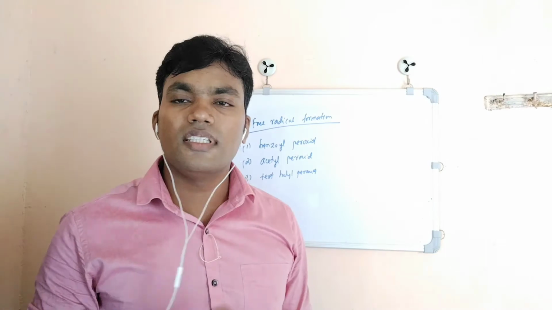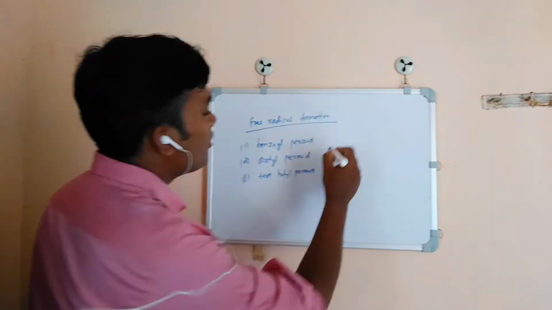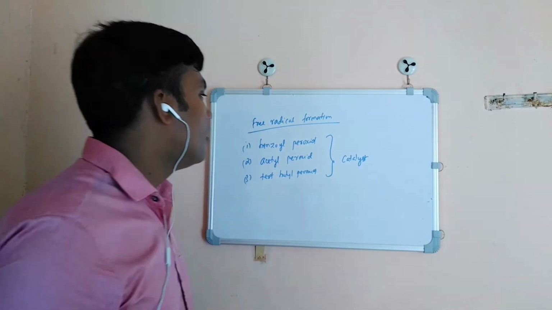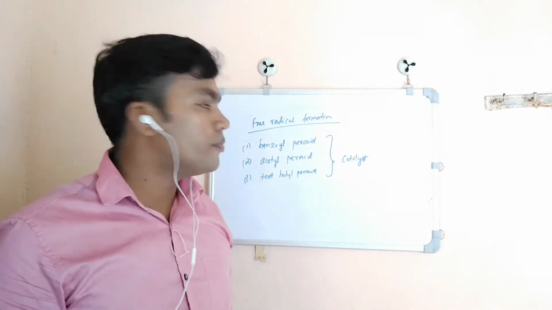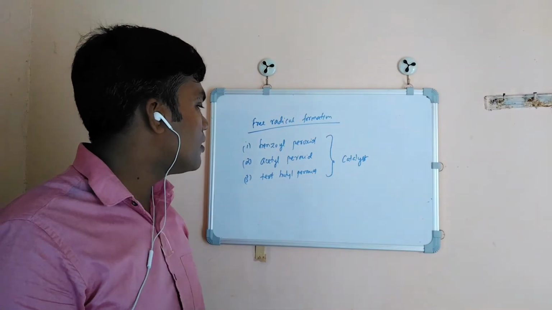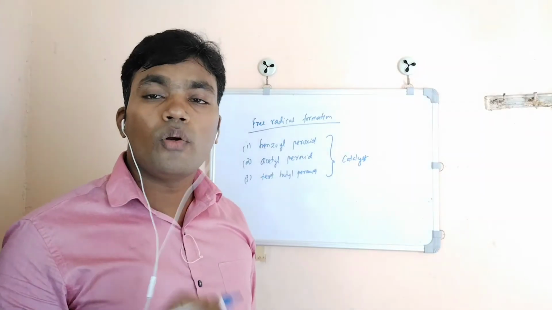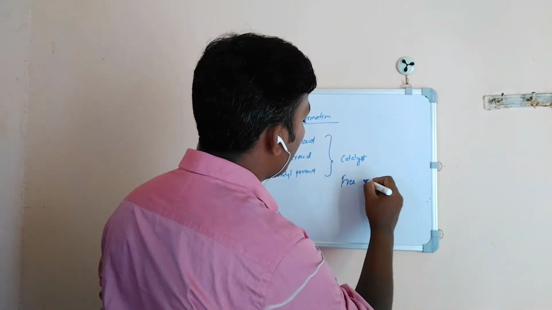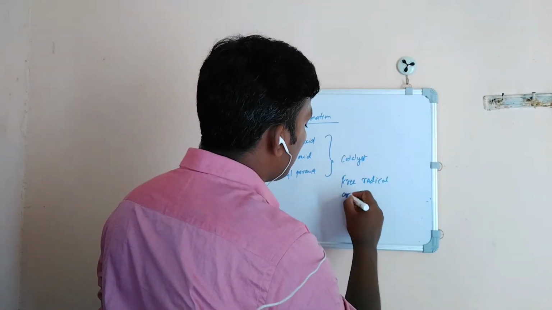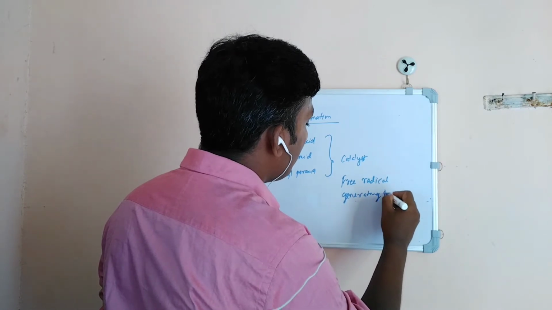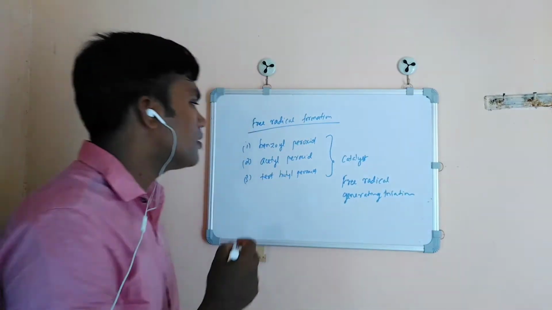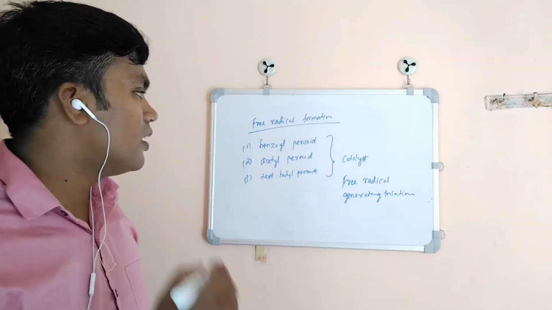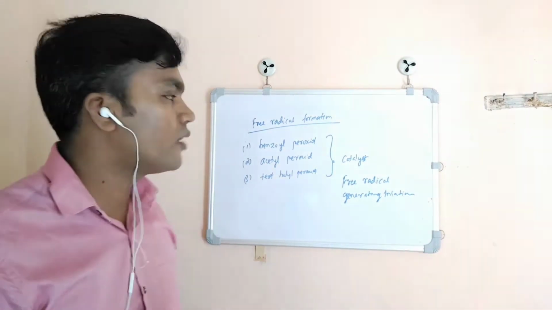These compounds can be used as a catalyst or free radical generating initiators. What is the role of this catalyst? The role is free radical generating initiators, to carry out the reactions.